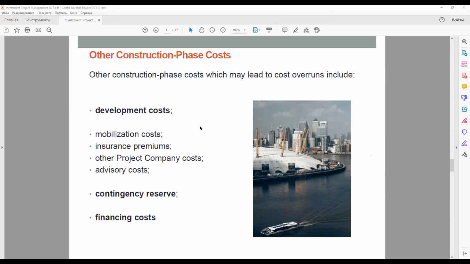These are any remaining categories of costs not covered above and which continue after financial close. The main items are likely to be the costs of the project company, offices, office equipment and staff, and continuing payments to advisors such as the owner's engineer. These amounts should be relatively small in the context of overall project costs, and it should not be difficult to ensure that such items remain close to budget.